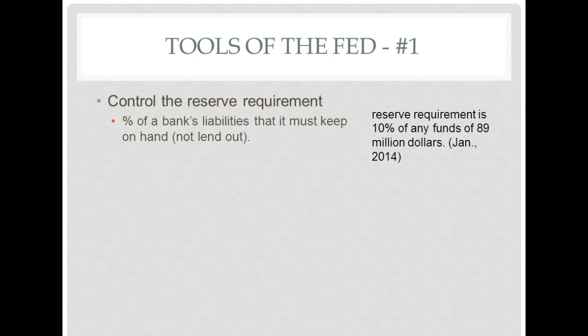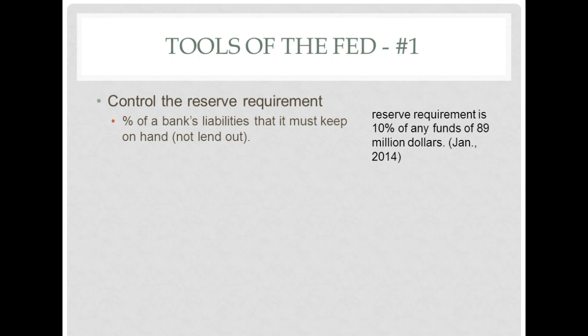So, for example, if a bank has $100 deposited in its account, and the reserve requirement is 10%, which, by the way, is actually a pretty common historical one, as you can see there to the right. If the reserve requirement is 10%, that means the bank can only lend out $90. It may not lend out all $100. Why did the Fed create that rule, by the way?